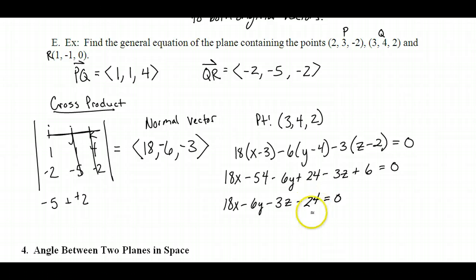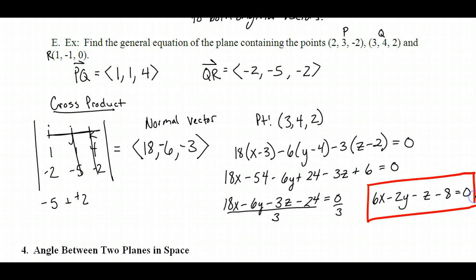In 18, 6, 3, 24, obviously a common factor is 3, so you could divide both sides by 3, and therefore we could say that our answer then is 6x minus 2y minus z minus 8 is equal to 0. And there is the equation of our plane. And that plane will contain these 3 points. And you could check them and plug in your points and make sure that it works, and it does.